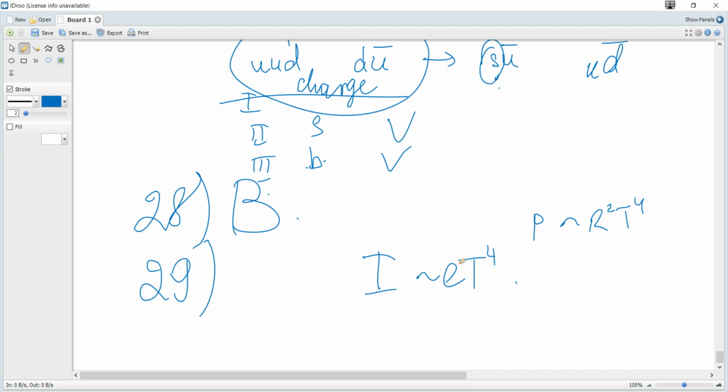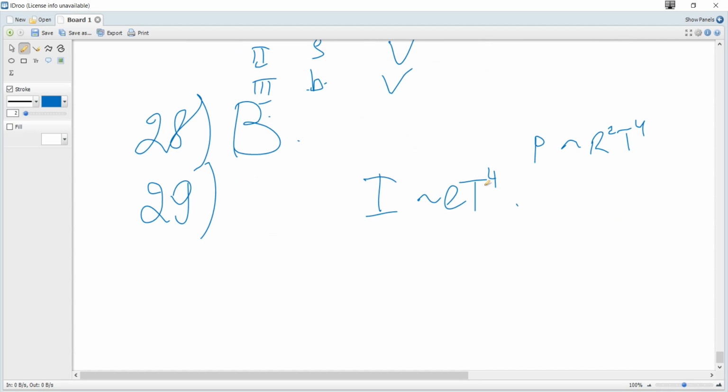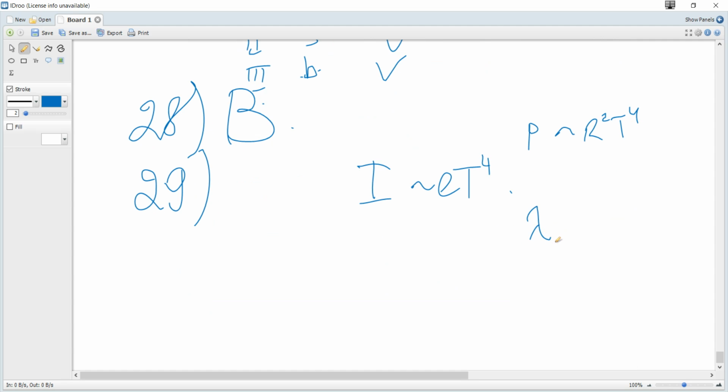Surface X emits radiation of peak wavelength twice that of Y. So lambda X is twice lambda Y, and according to Wien's law, the wavelength of peak radiation is inversely proportional to the temperature.